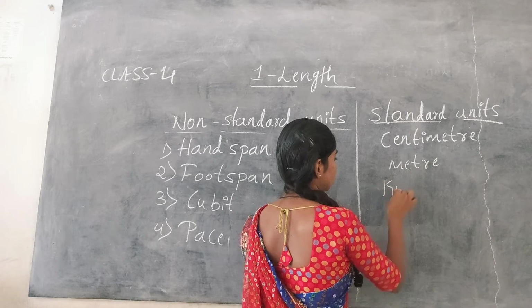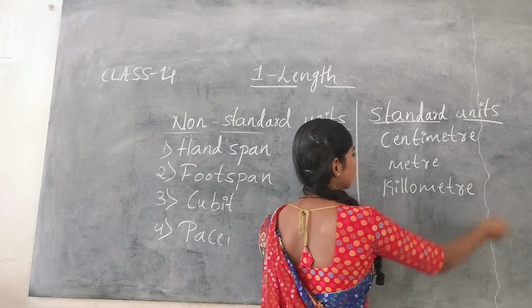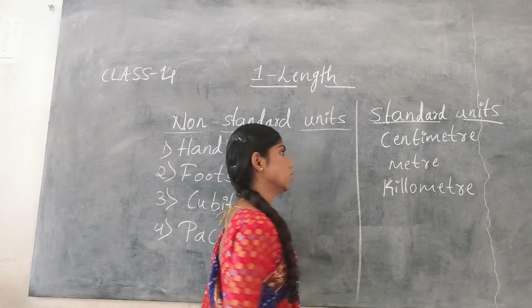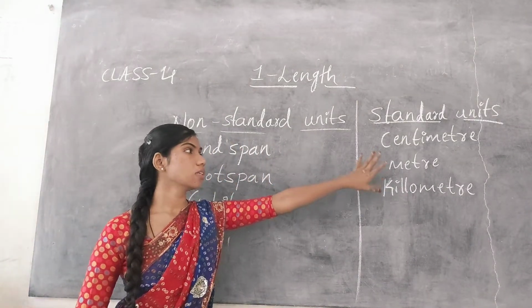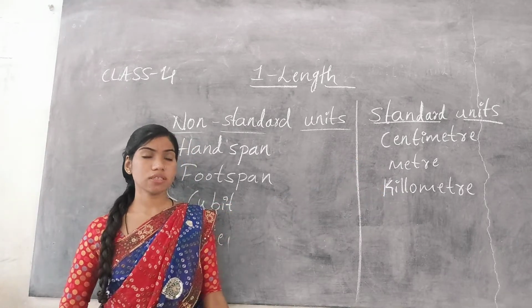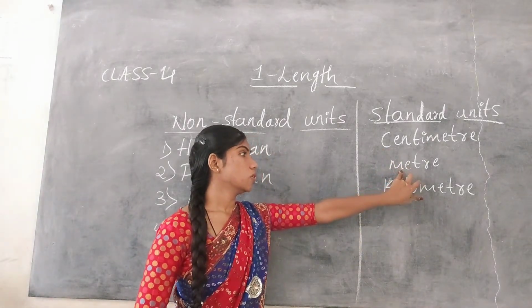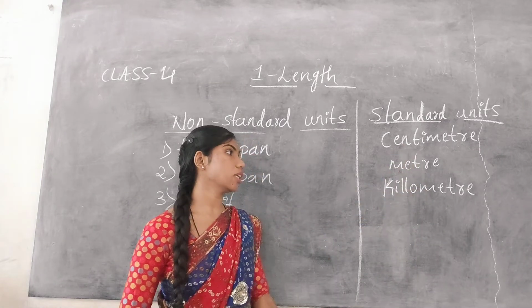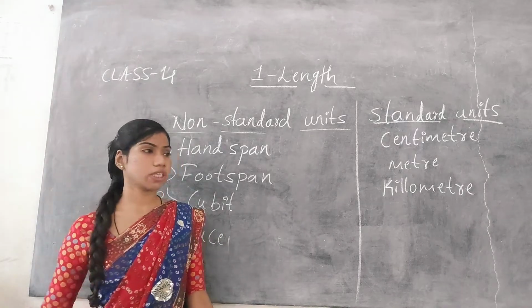Centimeter, meter, kilometer. These are the standard units which we use to measure the length of the objects.